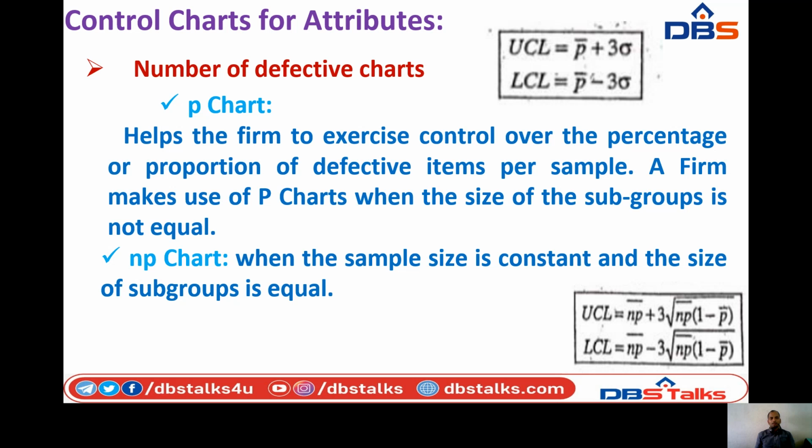Then the upper and lower control limits. We know the central line; above the central line is the upper control limit, UCL, and below it is the lower control limit, LCL. The upper and lower control limits of P charts are calculated with these formulas: UCL equals P bar plus 3 sigma, and LCL equals P bar minus 3 sigma.